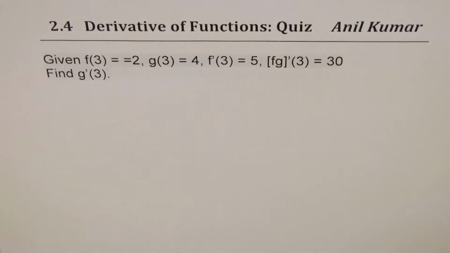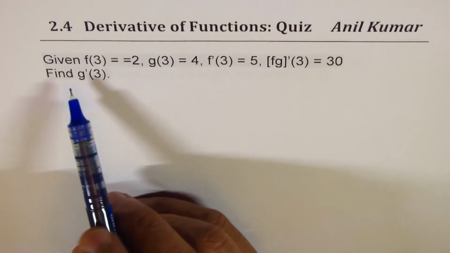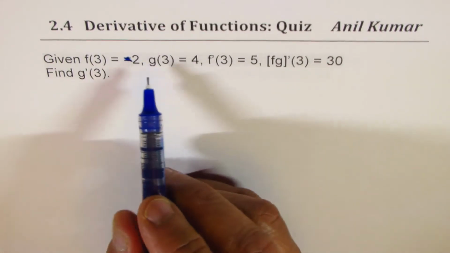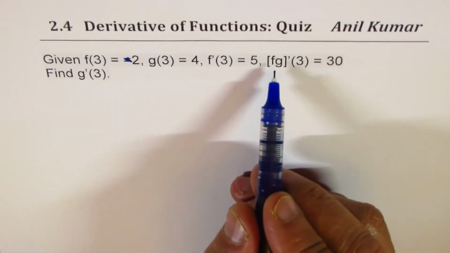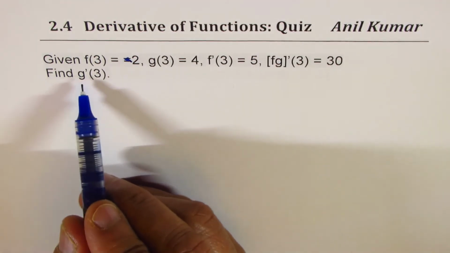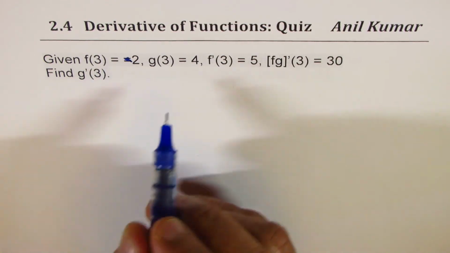Okay. Now let's look into the second question, which is a thinking and application question. We are given f of 3 equals to 2, g of 3 equals to 4, derivative of f at 3 is 5, derivative of product of functions at 3 is 30. We need to find derivative of g at 3, correct?